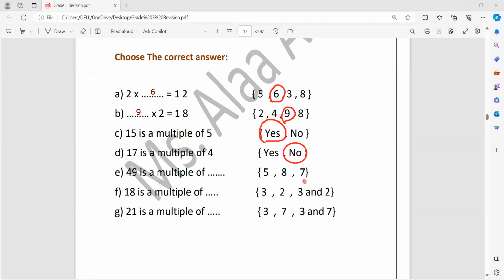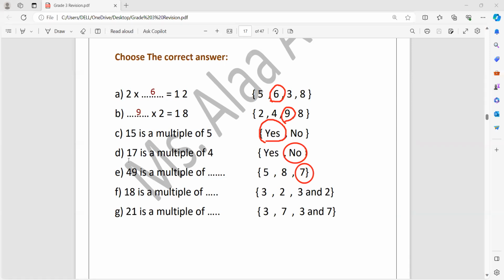Start to say timetable 7. 7 times 1, 7, 14, 21, 28, 35, then 7 times 6, 42, 7 times 7 is 49. So yes, I'm in timetable 7 and I can find 49. So 49 is a multiple of 7.